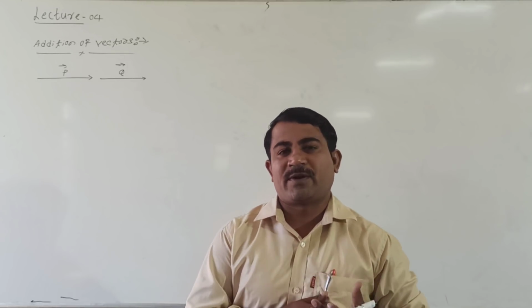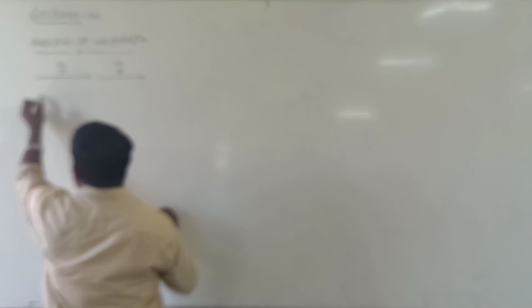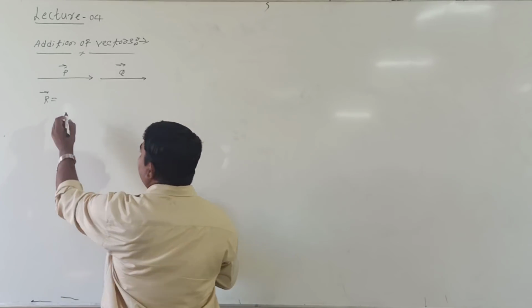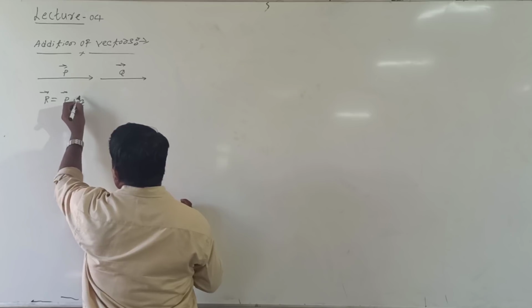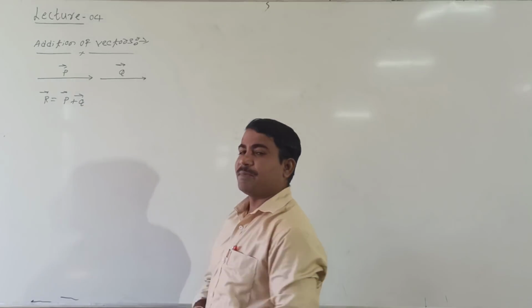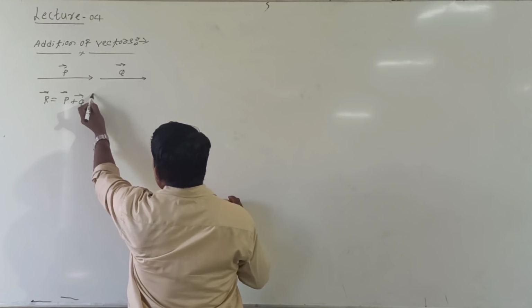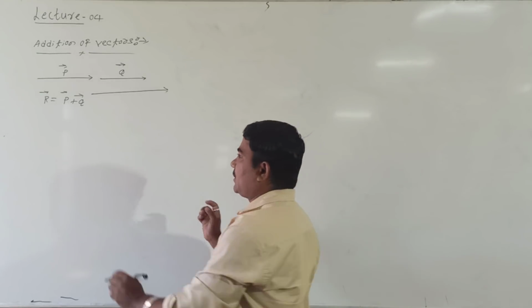Then how to add the given vectors? The given vectors can be represented by a resultant vector. Let me take the resultant vector as r. R can be written as p plus q. R equal to p plus q. The resultant vector is along the same direction as the vectors. This is the resultant vector.